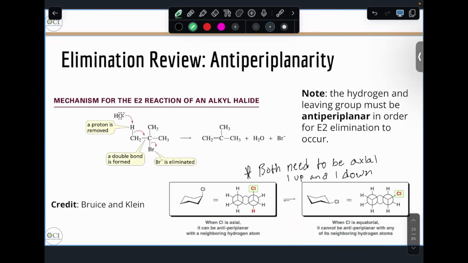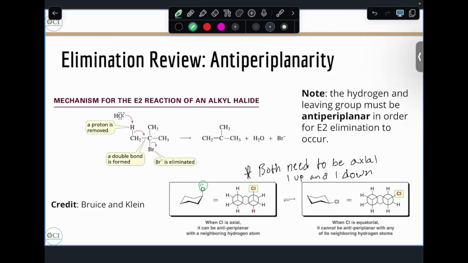This is showing more of that anti-periplanarity. I don't know if they're going to have you do it with a chair structure. They might. It's kind of evil, but if they do, you need the leaving group to be axial. So we see here this chlorine is axial. And the hydrogen also needs to be axial, but it needs to be opposite the chlorine in the sense that in this case, the chlorine is up, so the hydrogen needs to be down.